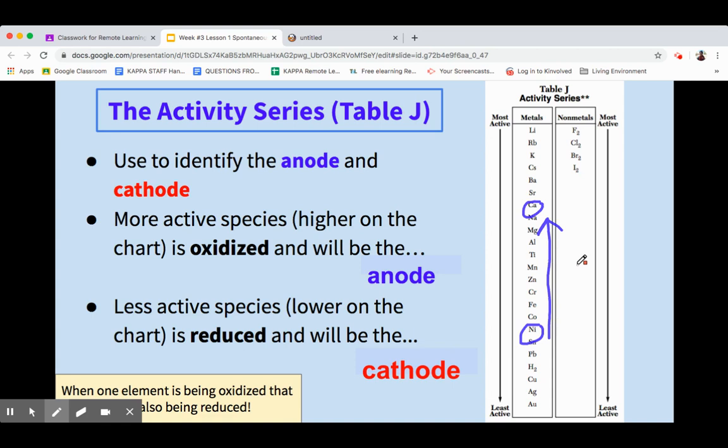So nickel will not spontaneously give electrons to calcium. That would be a non-spontaneous reaction. But when calcium is giving electrons to nickel, that is spontaneous. So anything going down the chart will be a spontaneous reaction. If you're trying to have it go the other way, that's called non-spontaneous.